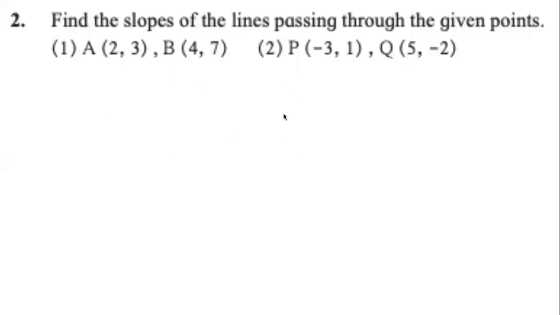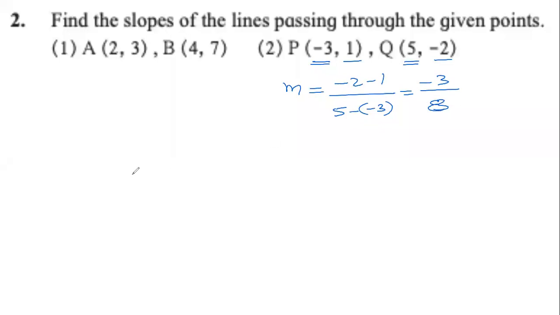For the question that girls were trying to solve, our slope m will be y2 minus y1, so minus 2 minus 1, divided by x2 minus x1, so 5 minus minus 3. Minus 2 minus 1 is minus 3, 5 plus 3 is 8, so minus 3 by 8.